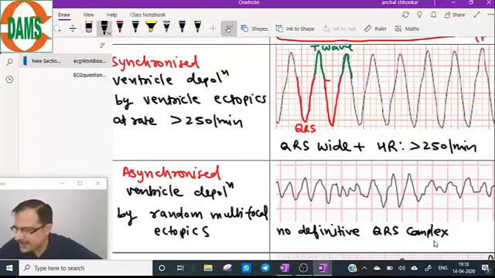Synchronized contraction of individual ventricles gives the wide QRS, and here it is asynchronized contraction of different fibers, so there are no definitive QRS complexes.